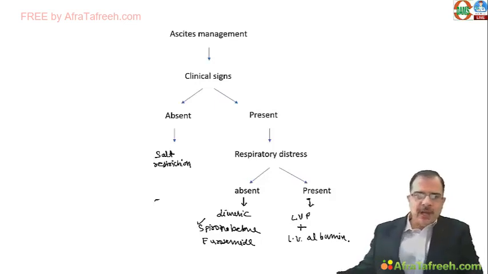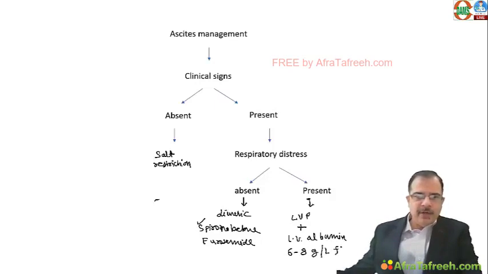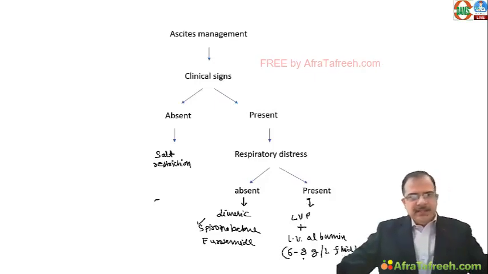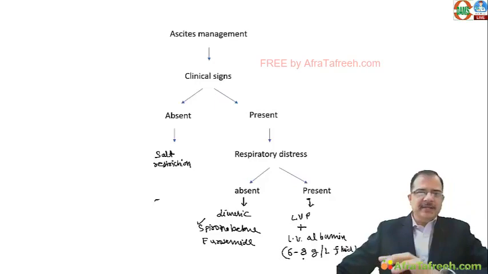And the dose of the IV albumin is 6 to 8 grams per liter of fluid removed. So this is a simplified approach to a patient coming to you with ascites. So how to go about it?